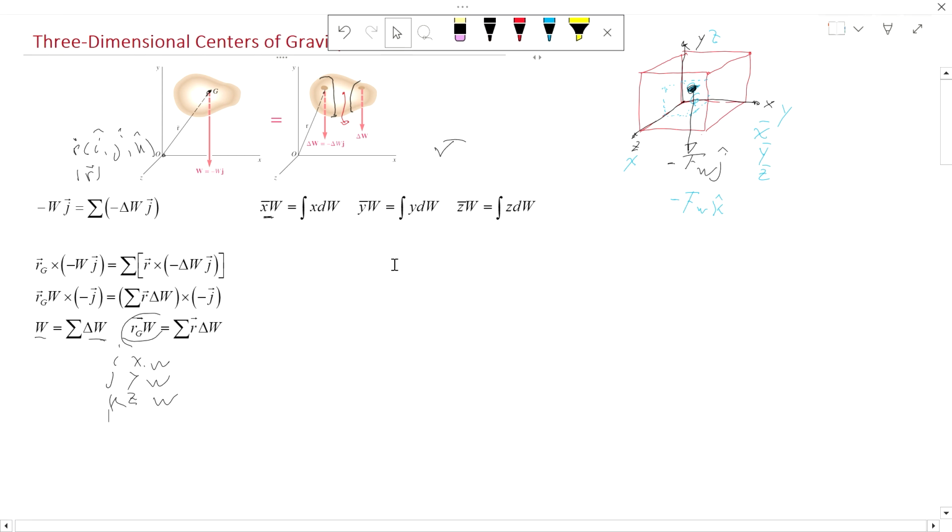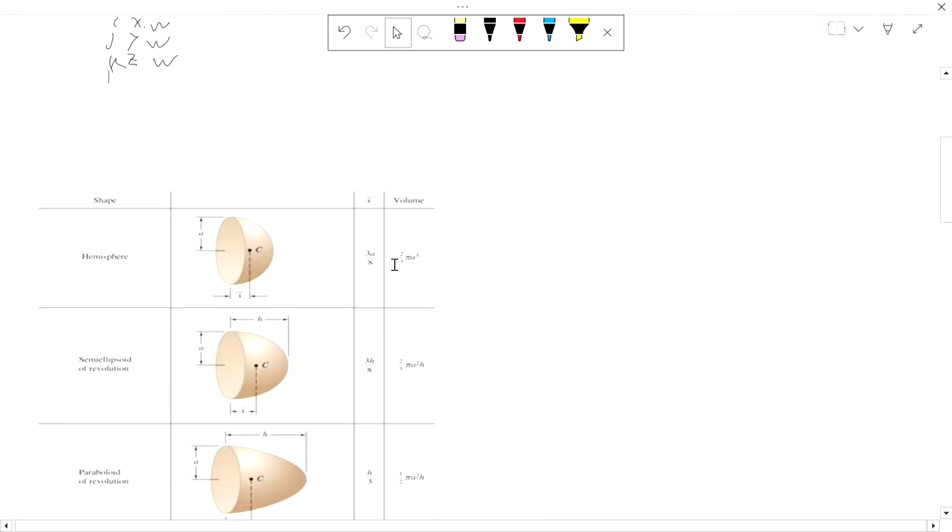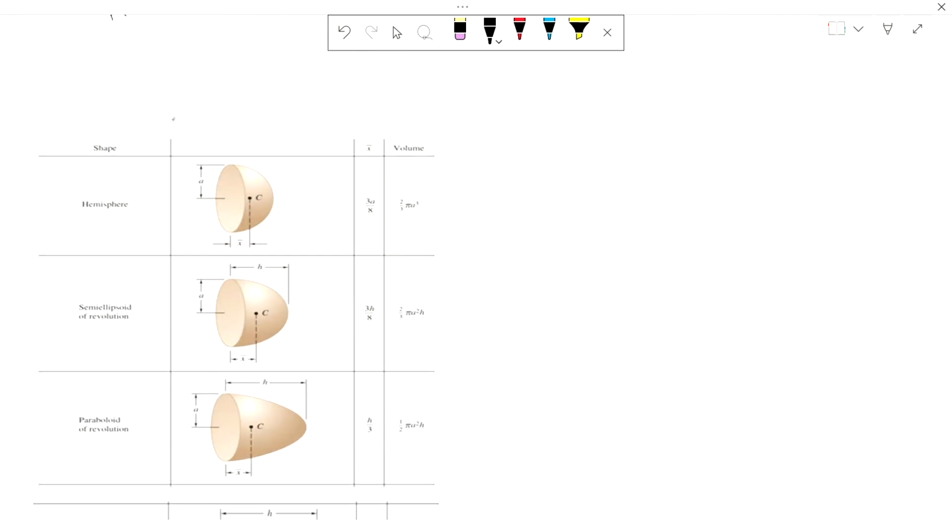Alright, so let's look at an example. Well, first, sorry, before the example, there's a pretty important table that will give us most of the geometries that we can use for regular shapes. This concept right here is for the volume and the centroid of regular objects.